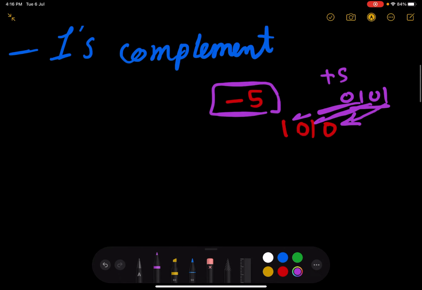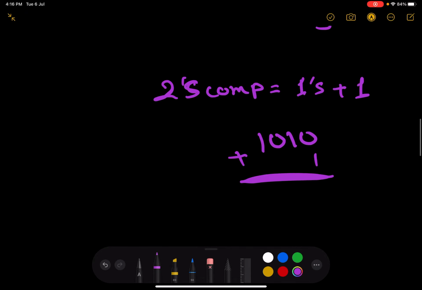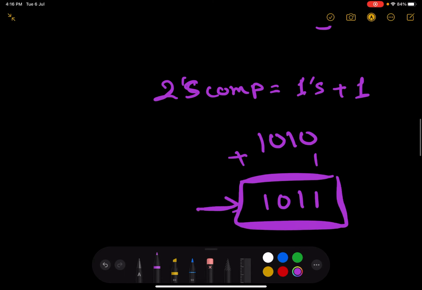So you take this result, the ones complement, and add a 1, and then we get our twos complement. So the twos complement for negative 5 is 1 0 1 1.